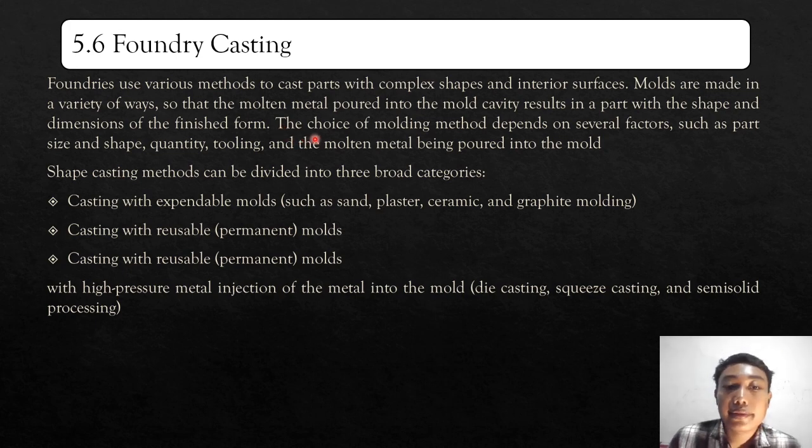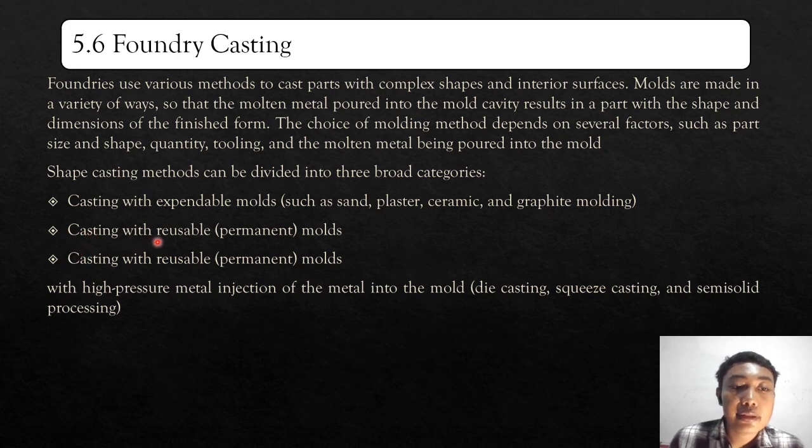Continue. The choice of the molding method depends on several factors such as part size and shape, quality, tooling, and how the molten metal is brought into the mold. Shape casting methods can be divided into three broad categories. First, casting with expendable molds such as sand, plaster, ceramic, and graphite molding.